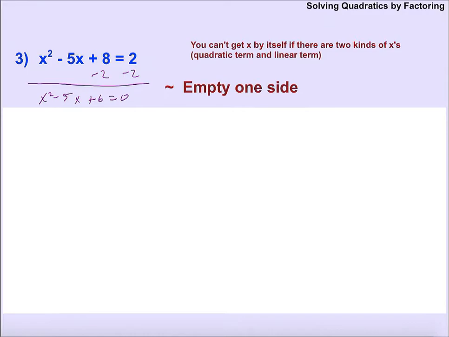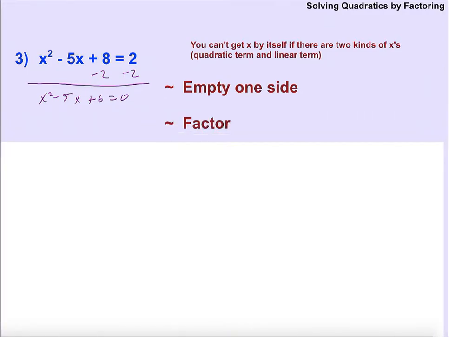The next thing we're going to do is factor. Because I got the equals 0, what I don't have is the product of two factors, right? I said if it's plus or minus in between everything, it doesn't work. I need those to be a product. Well, I can turn a polynomial into a product just by factoring it.